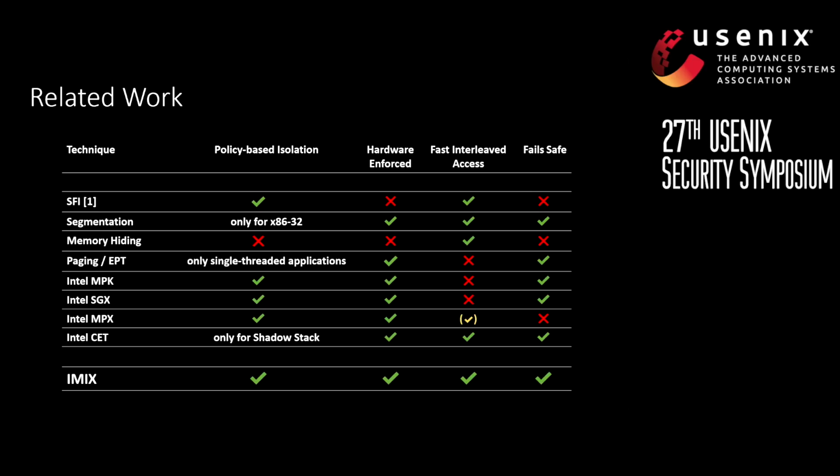Compared to the related work, we bring policy-based isolation, because we can prevent other threads from entering or accessing the main thread's sensitive data. We have this hardware-enforced support, fast interleaved access, and we can also prevent legacy libraries from accessing this sensitive data because they don't have access to this SMOV instruction.